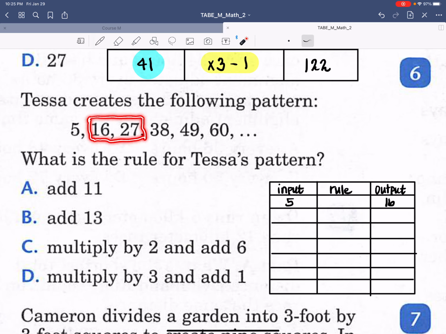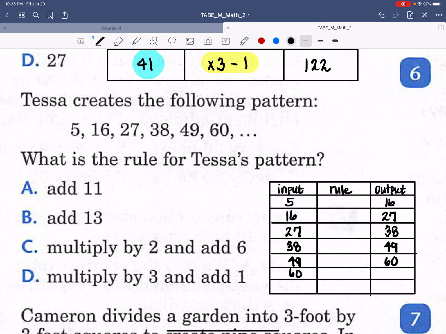That's an input-output. So 16, 27, 27, 38, 38, 49, 49, 60, and then 60 would be the next input.